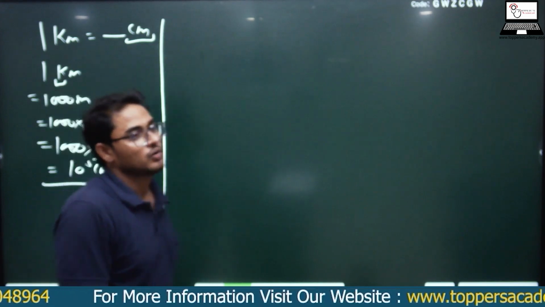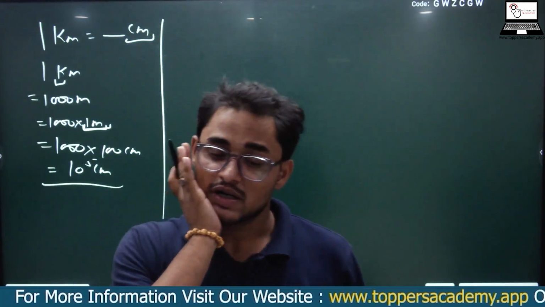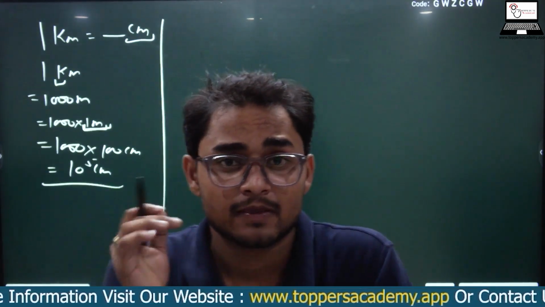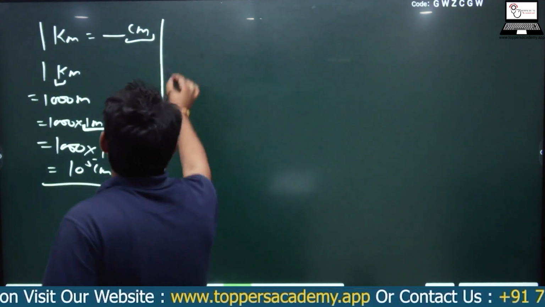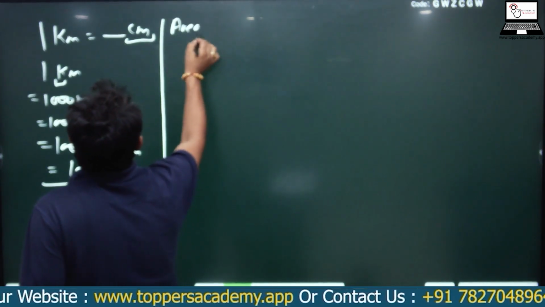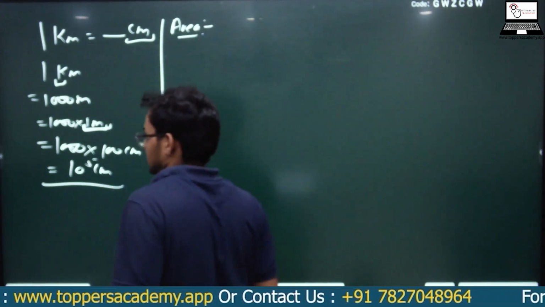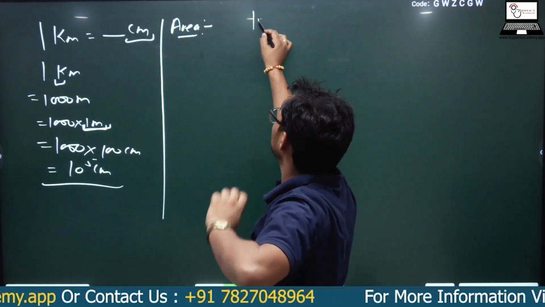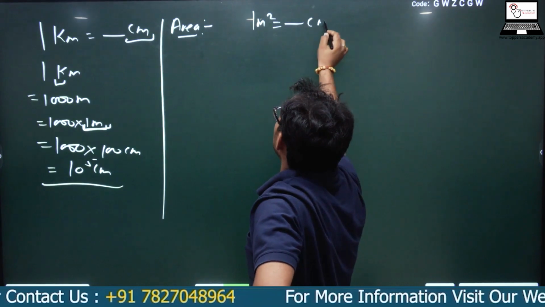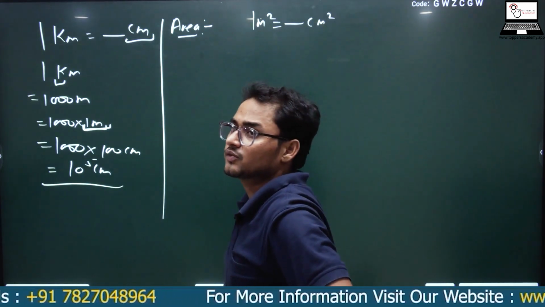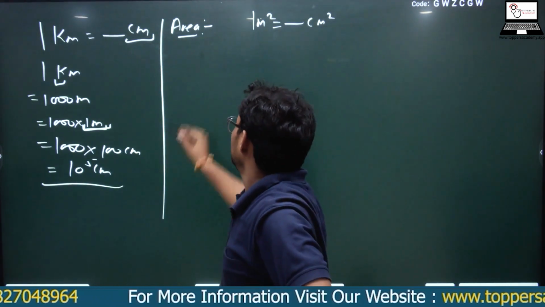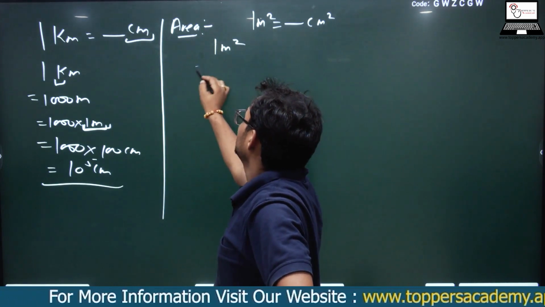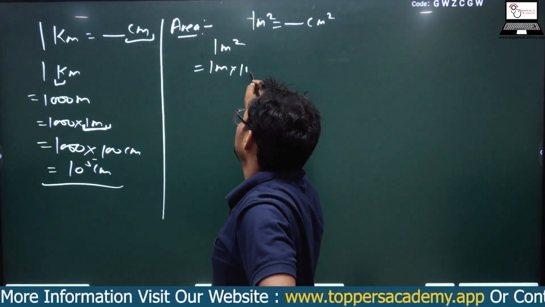Now this was all about length, how to deal with the unit of length. Now area, right? Suppose the question is 1 meter square is equal to how many centimeter square? I will have to provide the answer in terms of centimeter. So first of all, I will write 1 meter square, 1 meter into 1 meter.